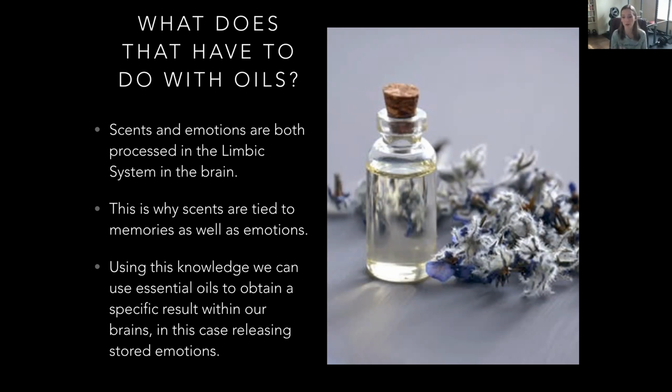And that's why we can use these essential oils and the smell of them to start to unlock some of these emotions, which means once they're unlocked and they're accessible, we can start to get them out. So using this knowledge, we know that we can actually obtain a specific result in our brains, in this case, releasing those stored emotions. So not only are we going to get to them, we're going to try to get them out.